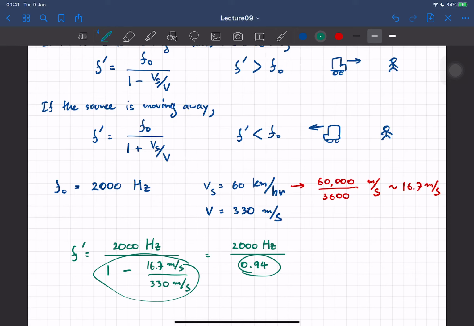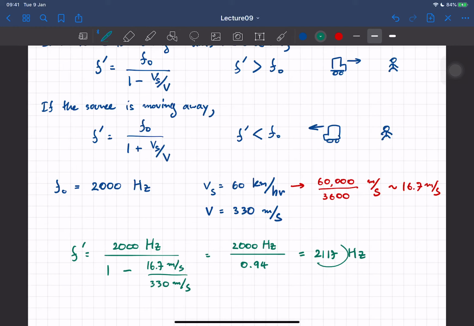Okay, so 0.94 is this whole thing. It's 1 minus that fraction. And you can see that it's less than 1, right? So it's going to be higher in frequency. So if you multiply this, you're going to get the F prime frequency to be about 2100 hertz, or 2117 to be more precise, right?